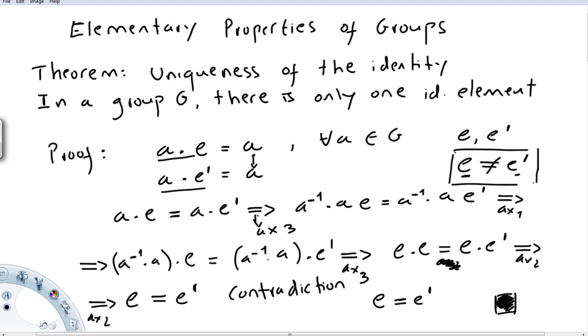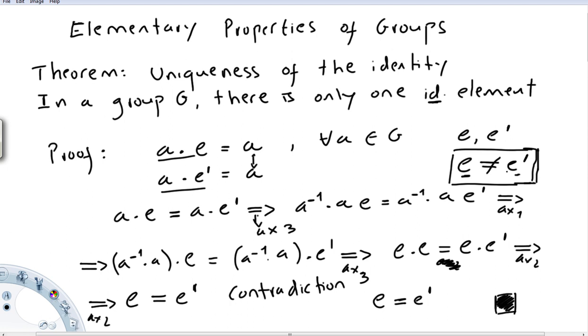So the theorem is uniqueness of the identity. In a group G there is only one identity element. So our proposition is, we took two identity elements, E and E prime.